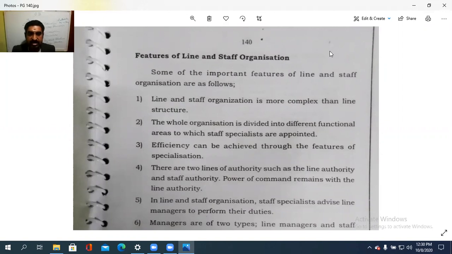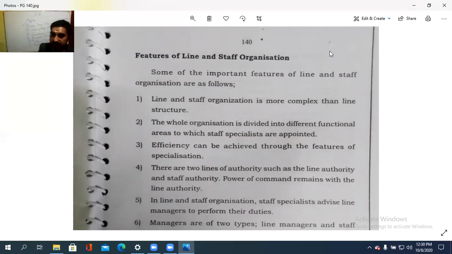The whole organization is divided into different functional areas to which the staff specialists are appointed. See, in the diagram, there is the HR manager, there is one assistant for the HR manager, then for the financial manager also there is an assistant. So whatever guidance is given by these assistants, they need to work out. So they are getting advice. So personal assistants are there. So that is the case.